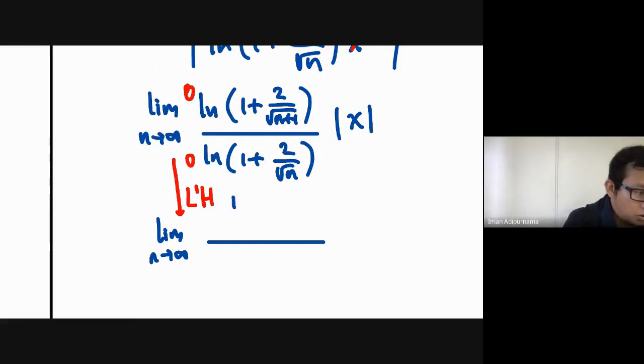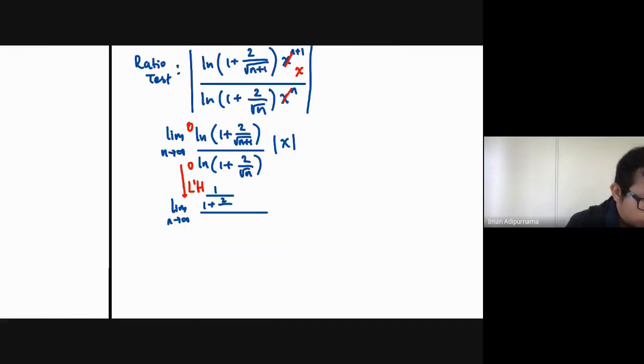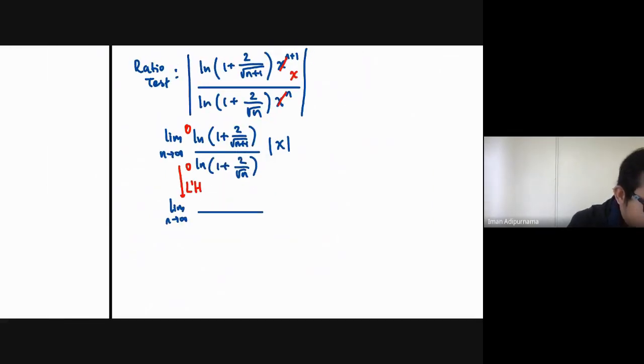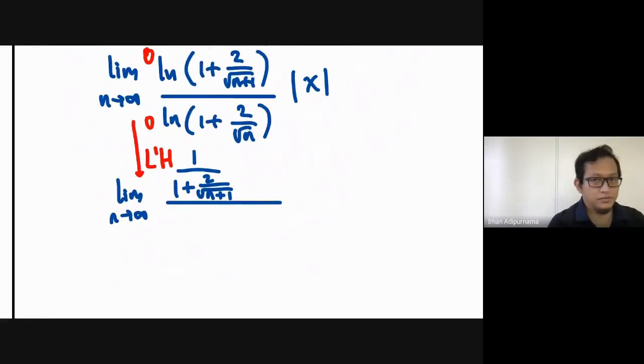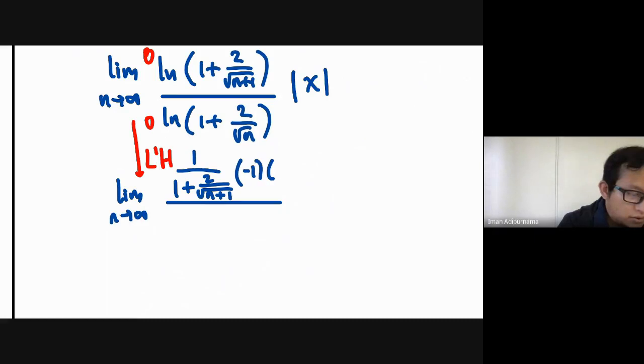So the derivative becomes 1 over 1 plus 2. It's too small, let me write bigger. And then multiply with the chain rule. It's -1 and plus 1 and -3/2.